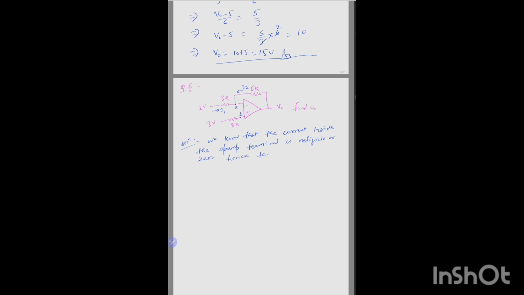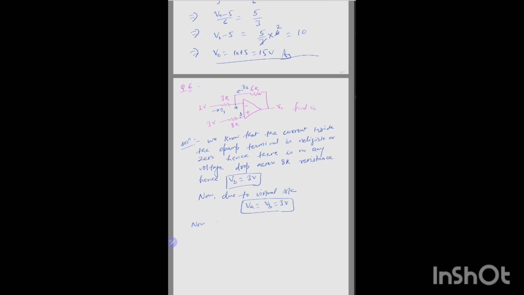Hence, there is no voltage drop across its K resistance. Hence, voltage at node B will be 3 volt. Now, due to virtual short circuit, VA is equal to VB is equal to 3 volt.